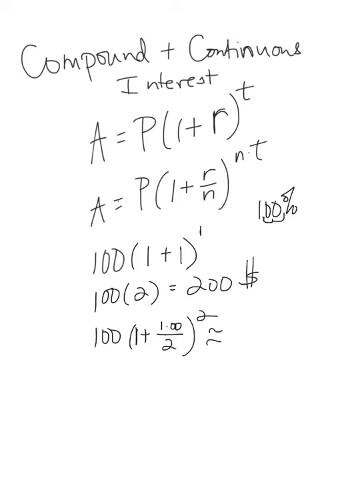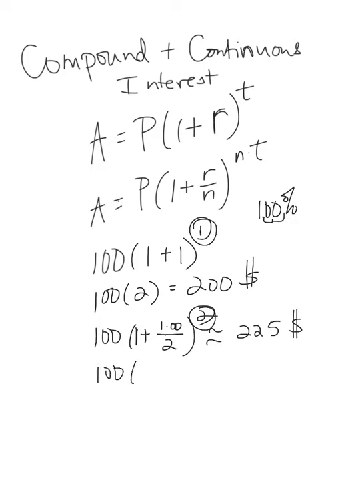So if you get it twice, you'll end up with $225. So that's more because it compounded twice, whereas here it only did it once. So the more times your interest is compounded, the more money you should get.